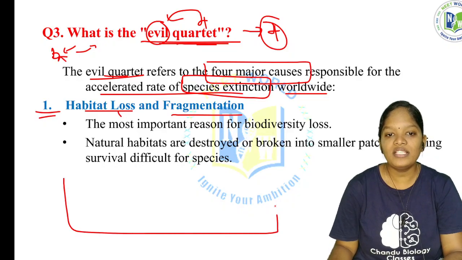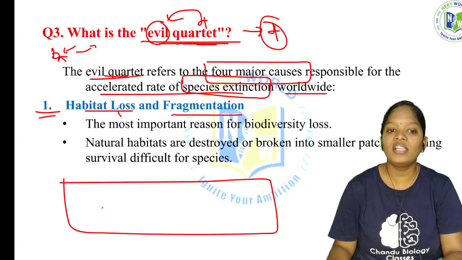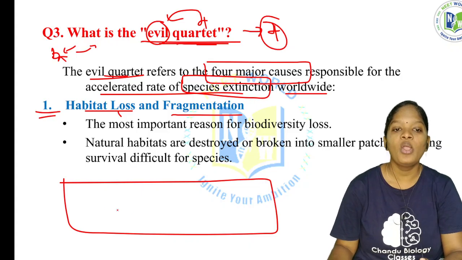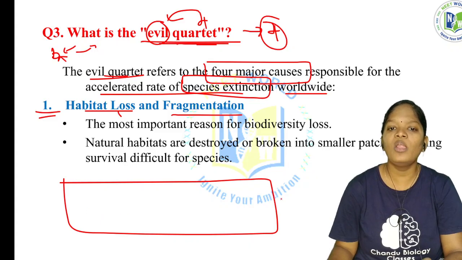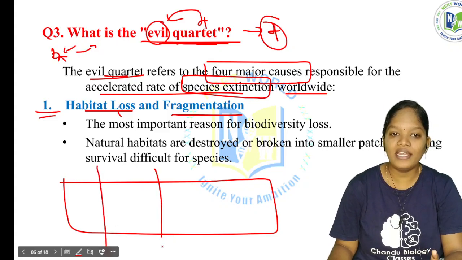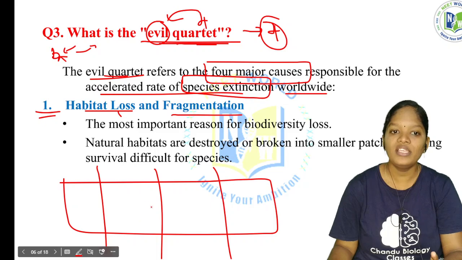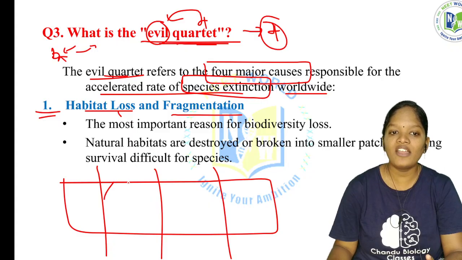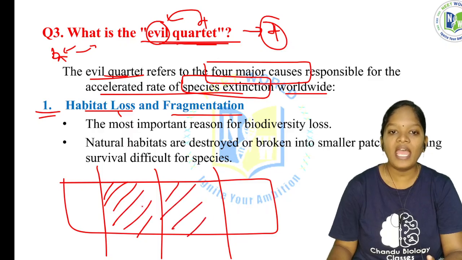Fragmentation. Consider this a long area where the most important flagship species and keystone species are living. Those species always need a longer space, a longer territory for their survival. If I break this land into smaller lands, where initially all of this was forest, but after fragmenting I have built something here, something here, and something here, the only leftover parts will be this area and this area.